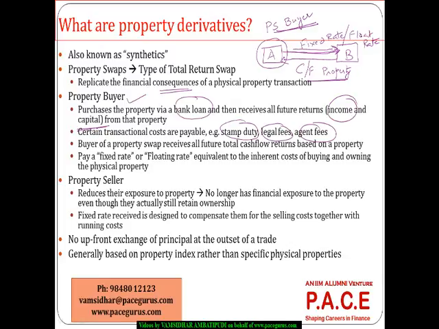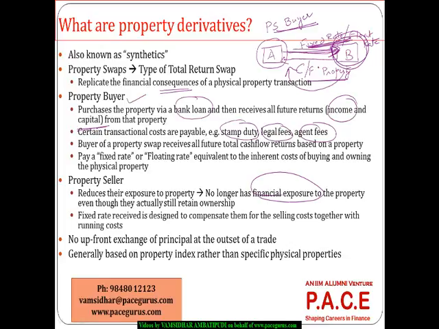If you look at it from the seller's perspective, he is receiving a fixed rate or a floating rate. So he is reducing his exposure to the property altogether, though he is still the owner of that property, because he is not physically selling the property. He is reducing his exposure because he is paying whatever return the property is giving, and he is receiving a fixed rate of interest.